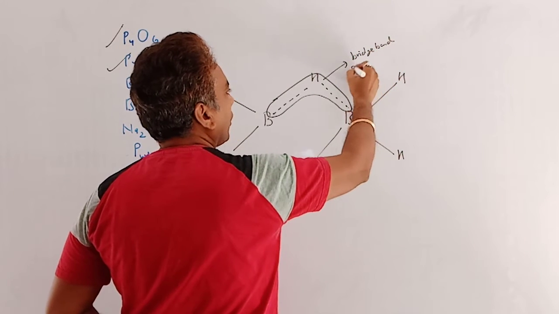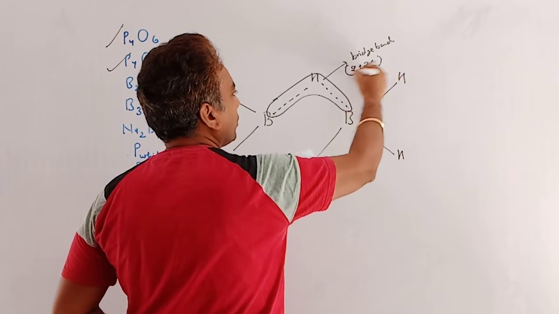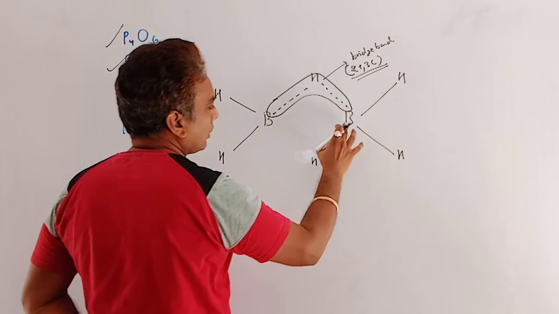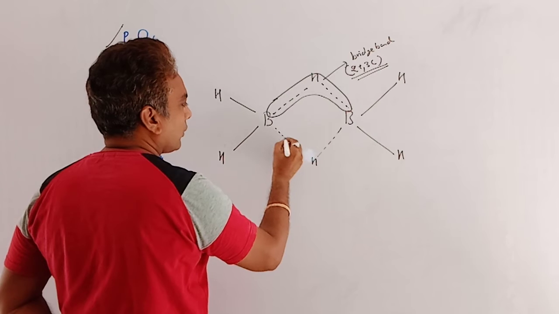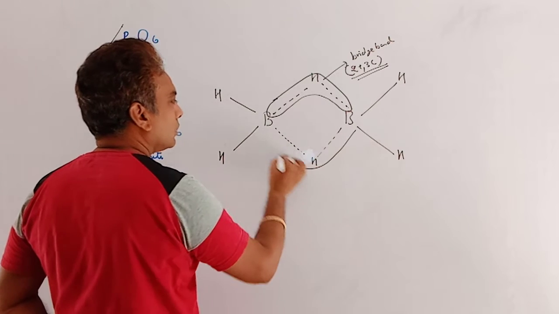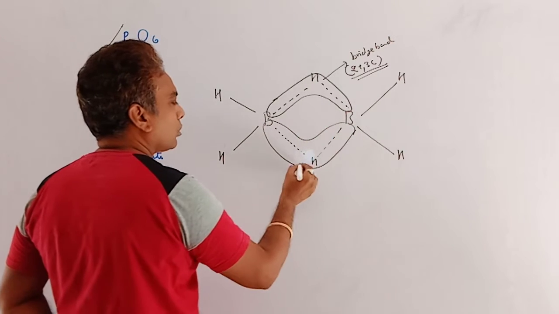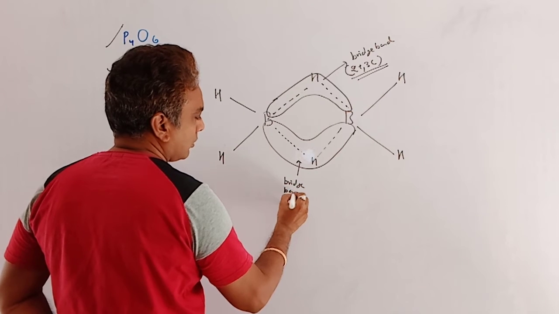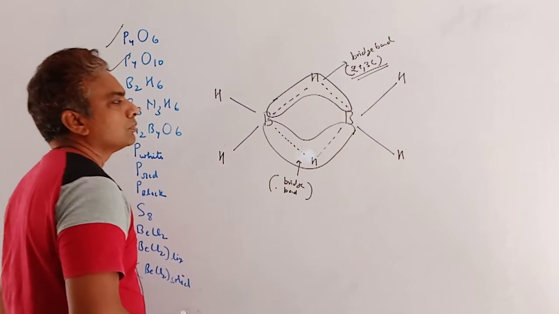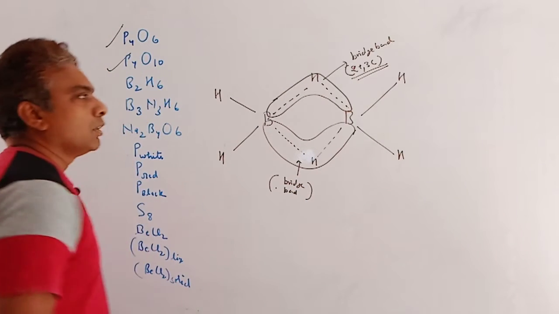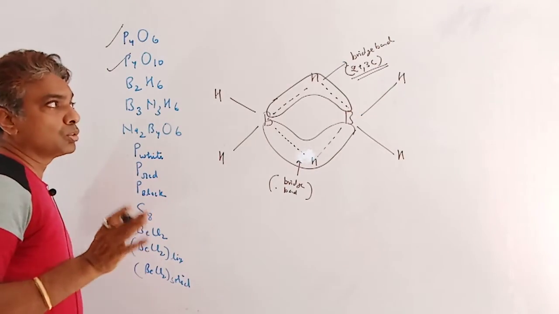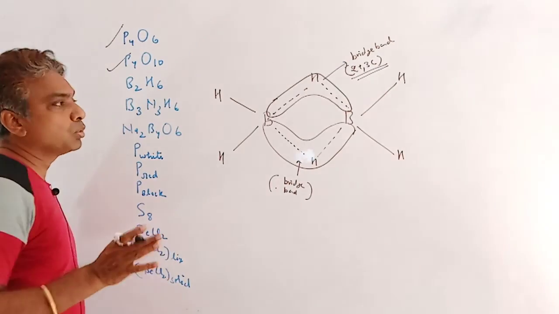It is a bridge bond or 2E3C bond, a 2-electron 3-center bond. Similarly, these two electrons rotate between 3 centers like this, so one more bridge is formed. In diborane, we have 2 bridge bonds or 2 2E3C bonds, and 4 2E2C bonds.